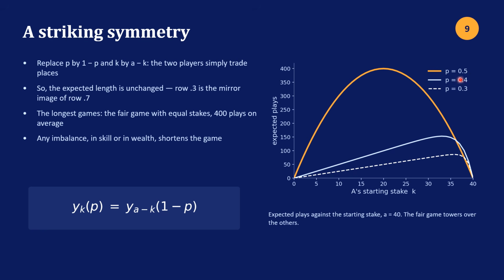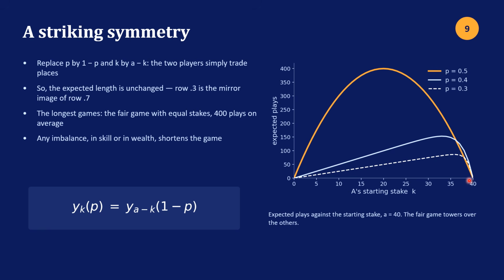And I have also the graphs for P equals 0.3 and 0.4. Even though A has a smaller probability of winning, as you give more chips to A at the beginning of the game, it takes longer and longer to finish until you hit around 35. I didn't show on the table when you're between 35 and 40, but at that point, the number of expected plays goes down, and that's because B is actually going to ruin in that case.